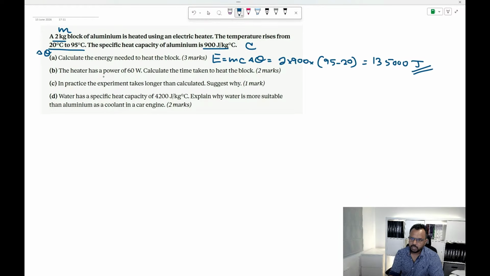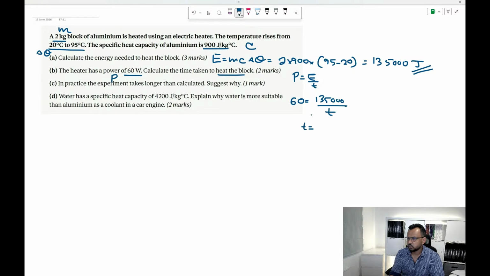The heater has a power of 60 watts. Calculate the time taken to heat the block. Okay. Now, power is equal to energy divided by time. We know the power as 60 watts. Energy is 135,000 divided by time.